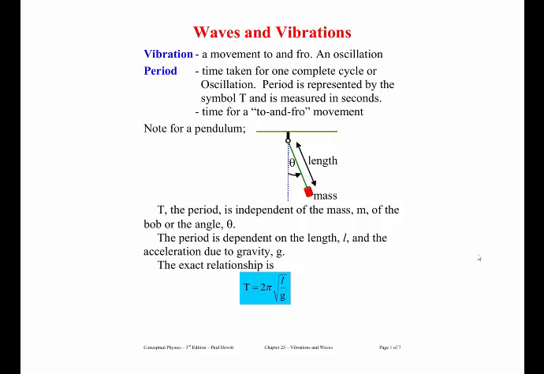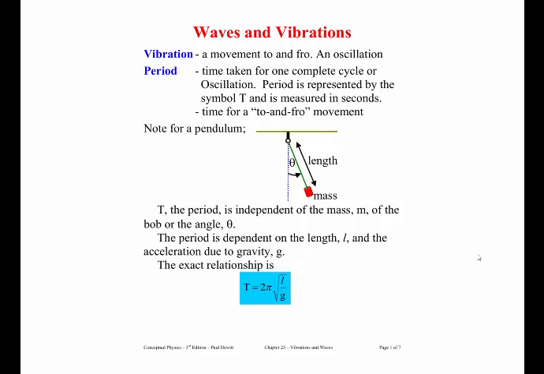Whatever the mass is hanging off of our string, or a child on a swing, whatever our application happens to be. And so we pull our mass back at some angle theta relative to the vertical axis, and then we let go, and the period ends up dependent on the length of my string, as well as the acceleration due to gravity.